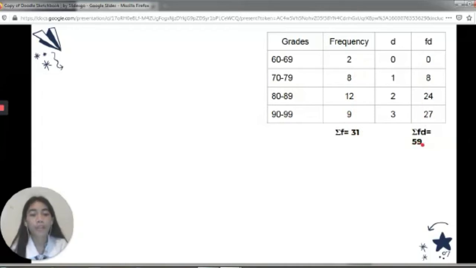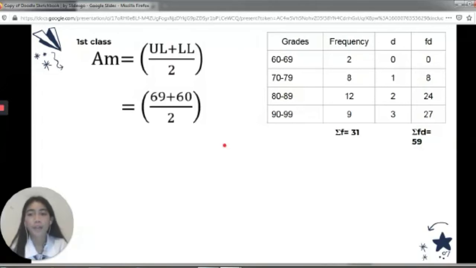Dito naman po, to find the summation of F and D, i-add mo lang po yung F and D. Assumed mean, para makuha yung assumed mean, kasi kailangan po to sa formula natin doon sa unit division, upper limit plus lower limit over 2. Kinuha ko yung sa first class. 69 plus 60 divided by 2 is equal to 64.5.